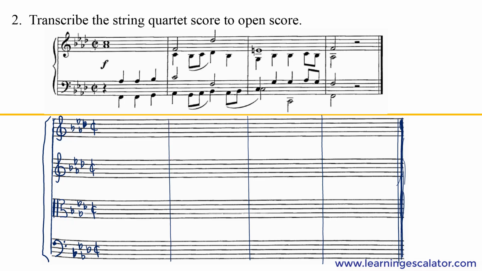Okay, so for the violin, first there's a C, then there's an F, and then a D, then an E natural, then F and a rest.